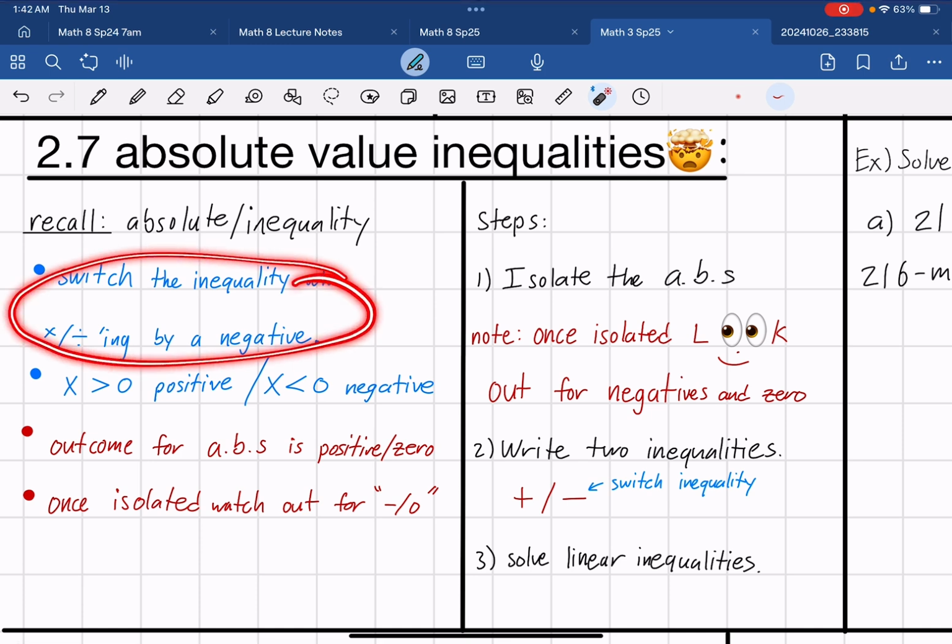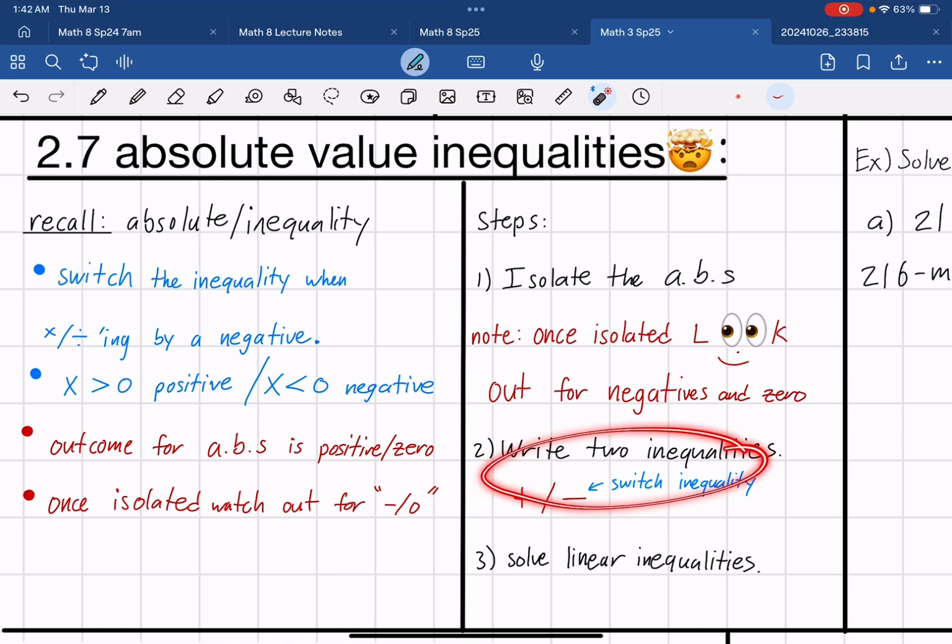Almost as if you multiplied or divided by a negative. And we'll see an example of that. When you write those two inequalities, you'll have two separate linear inequalities that you can solve. So, hopefully that's a quick recap of things to remember.